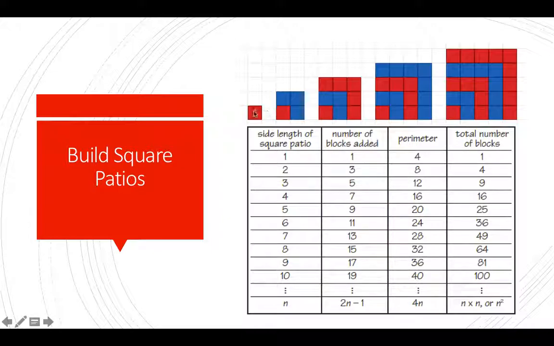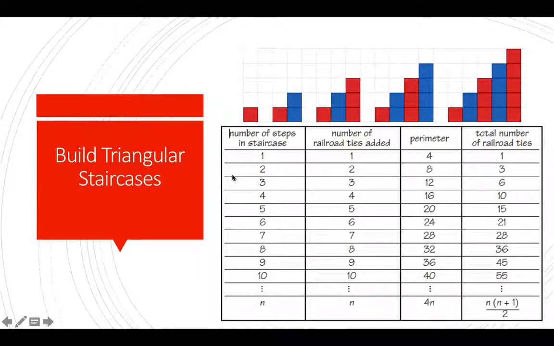They do that with the square patios, and in the second section of the lesson they are again working in their backyard, making renovations, and they need to build a staircase from one level of the backyard to the other. Again, they use color tiles to represent the sides of the railway ties they are using for the staircases.